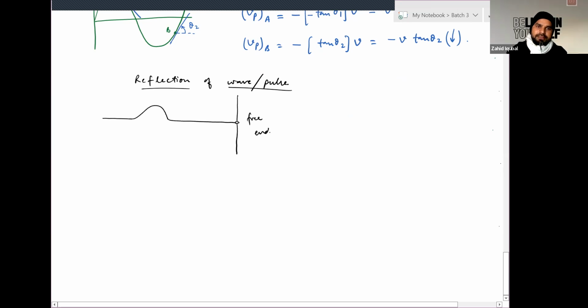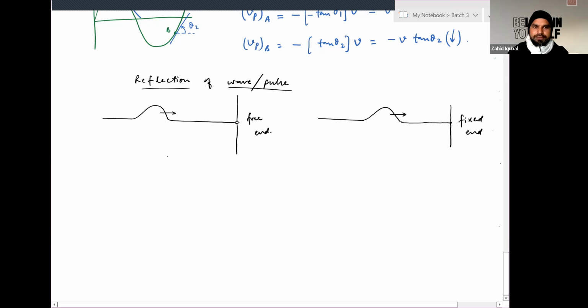This end is free to oscillate. And suppose a pulse is incident along this direction on a fixed end. So what will happen to its direction and phase difference?